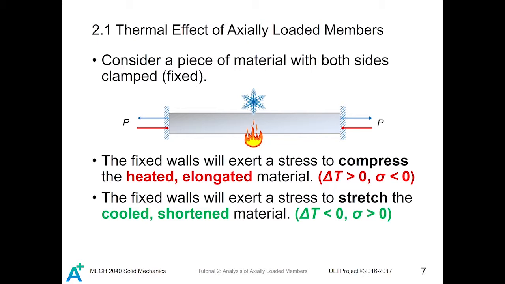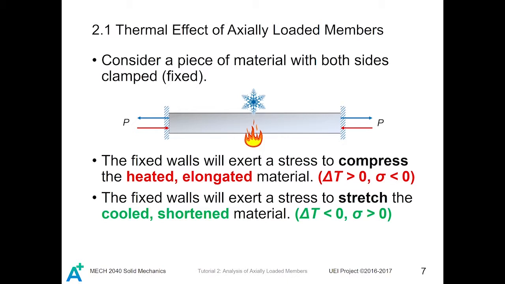So how does it work? When the piece of material is heated, it will become longer, right? But by applying a force on this end, we can put this elongated bar back to its original length.